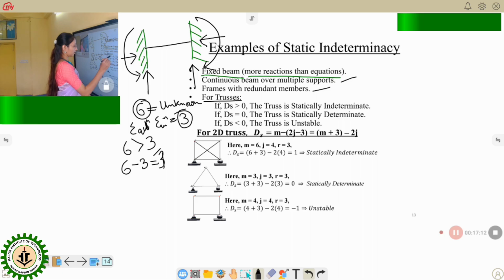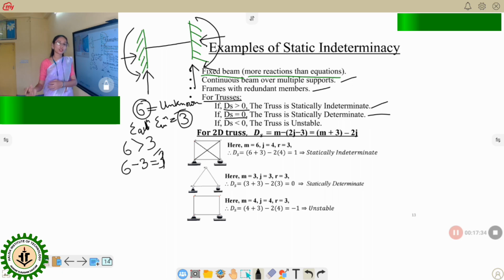For trusses, when ds, the static indeterminacy, is greater than 0, the truss is statically indeterminate. When ds is equal to 0, it is statically determinate: the exact amount of equilibrium equations and the exact amount of unknowns are the same. That means the structure is exactly solvable with the equations.